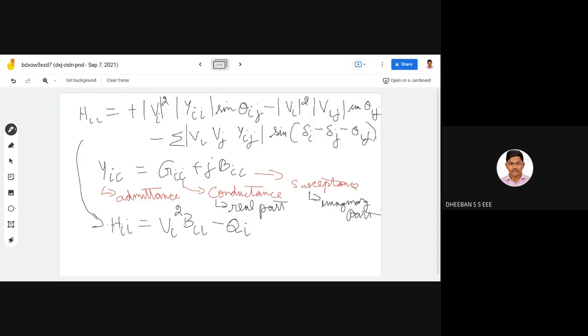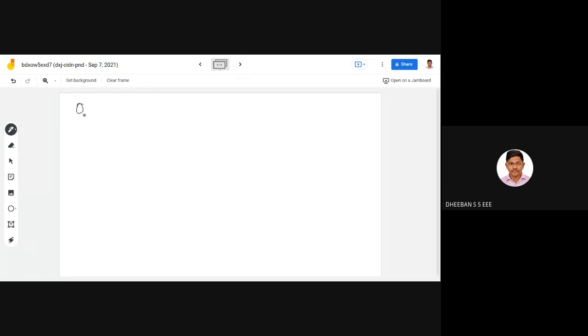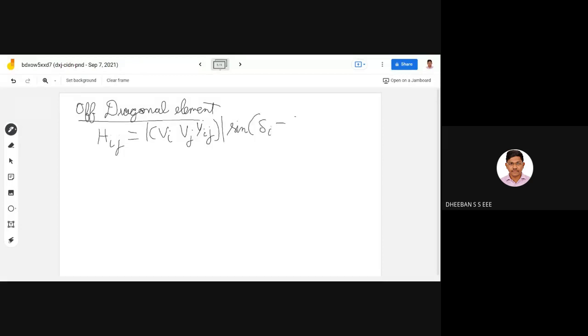And regarding your off diagonal element, Hij will be equal to Vi Vj Yij, followed by sine del I minus del J minus theta Ij.